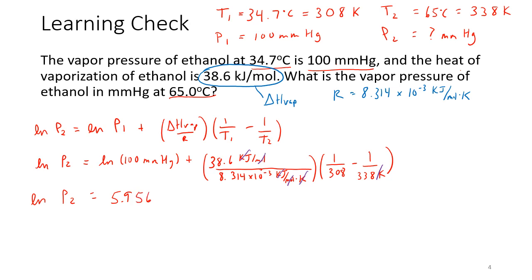We have to undo the natural log, so if we take e to the ln of P2 on the left-hand side of the equation, we'll take e to the 5.956 on the right-hand side of the equation. E will undo the natural log function. That will give us P2 equals 386 millimeters of mercury.